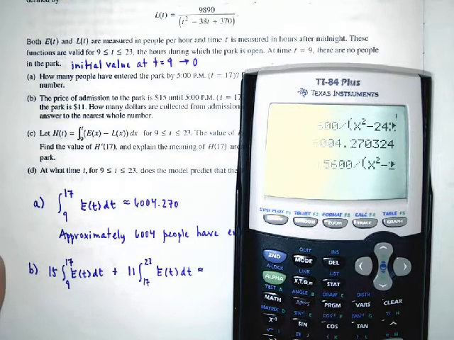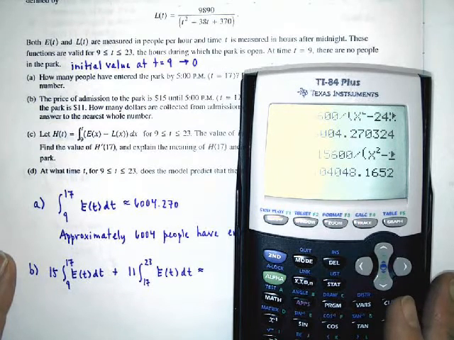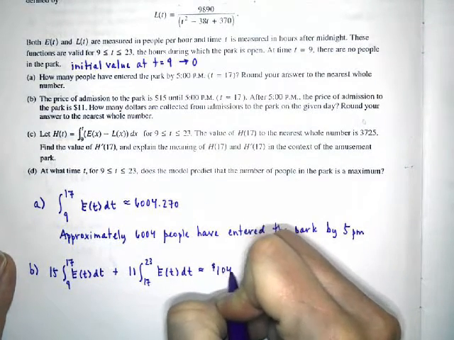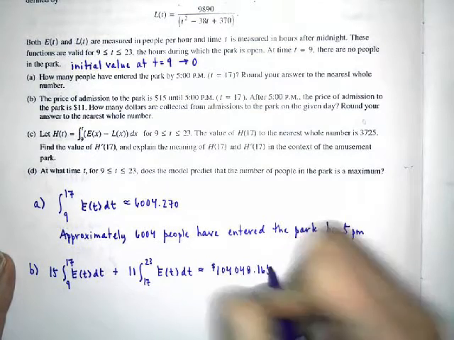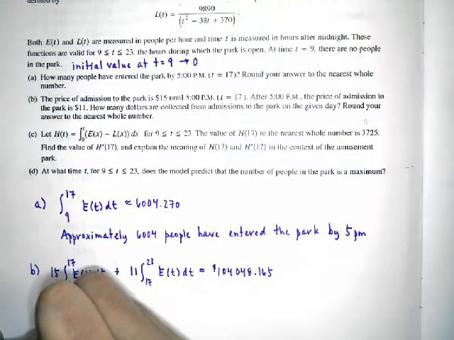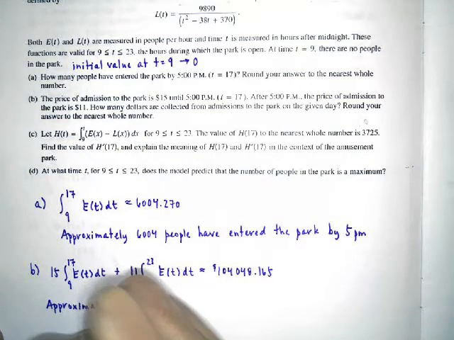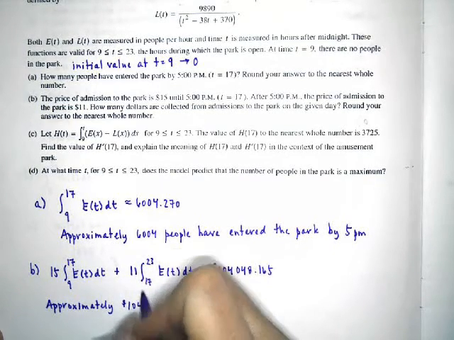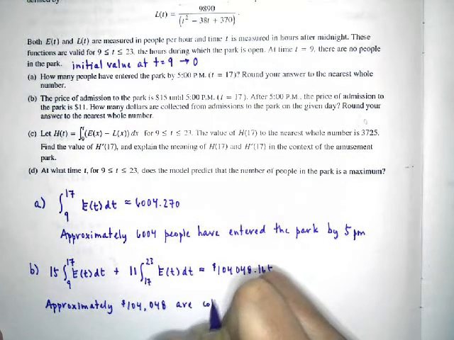And that's with respect to x. So let's see, 104,048.165. So approximately, we want it to the whole dollar. So we have approximately $104,048 are collected from admissions.